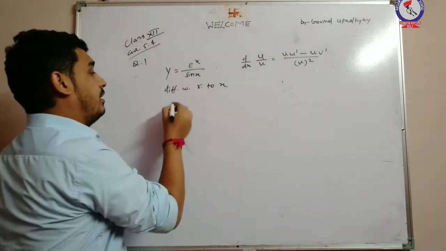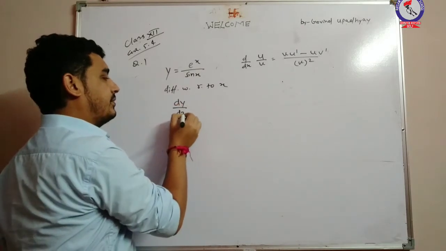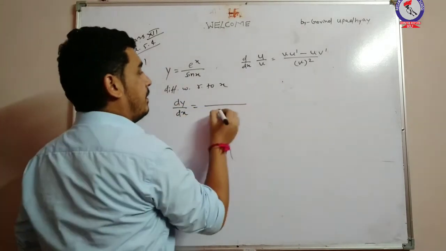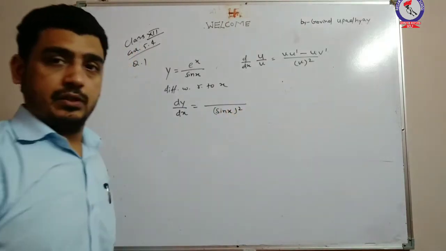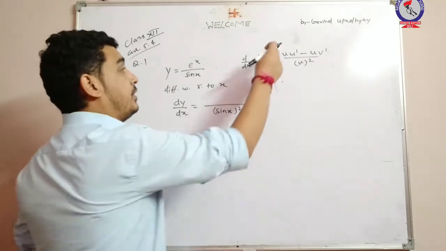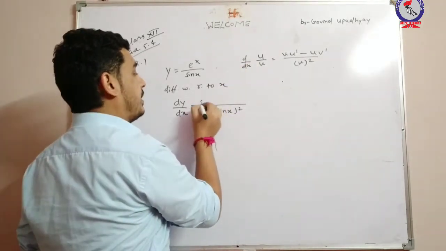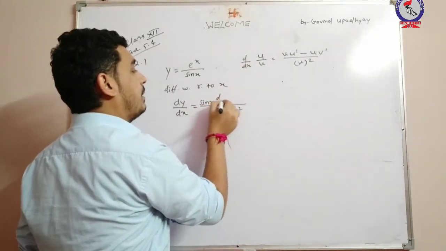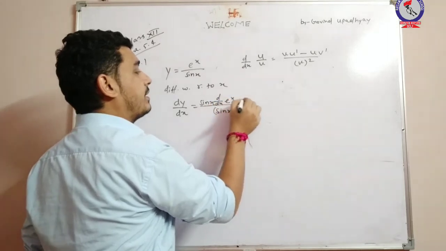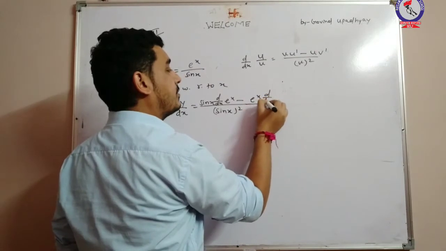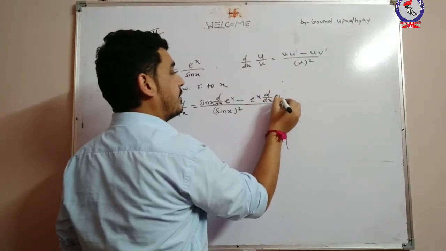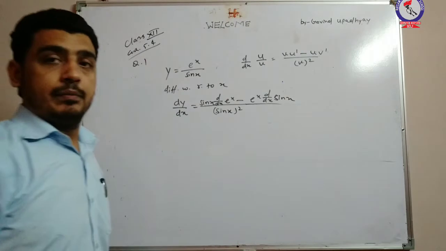So what will be here? dy by dx, and here sin x whole square because of this v square. For v u dash minus u v dash: first sin x d by dx of e to the power x, minus e to the power x d by dx of sin x. So what will be the answer?